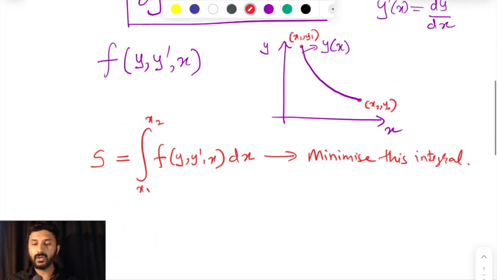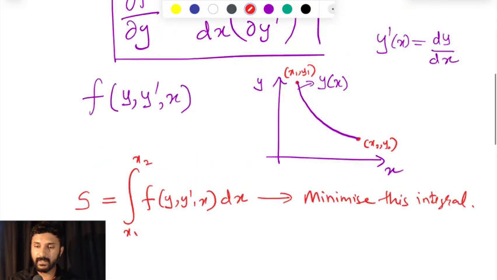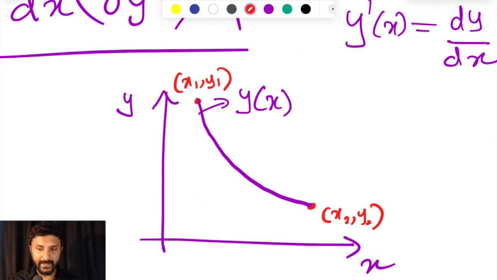Now, how do we go about minimizing this? What is the condition that must be satisfied in order to minimize this integral? So firstly, note that when I say that the points it's connecting are x1, y1 and x2, y2, what this means is the y1 that you see here is nothing but the value of this function at x1.